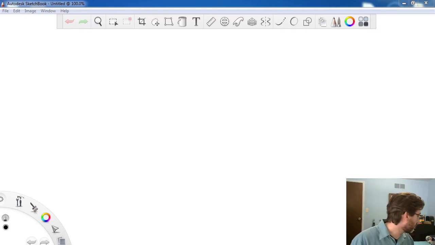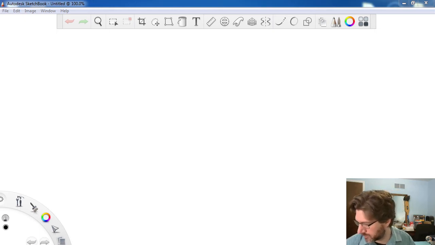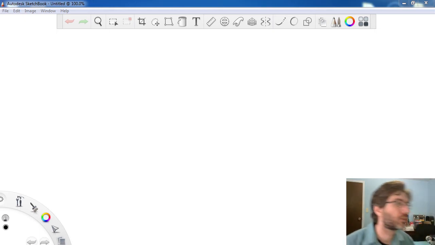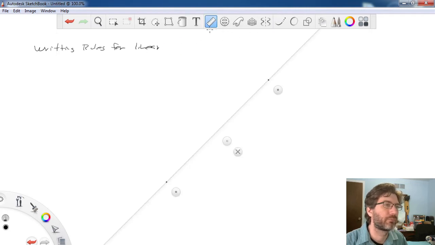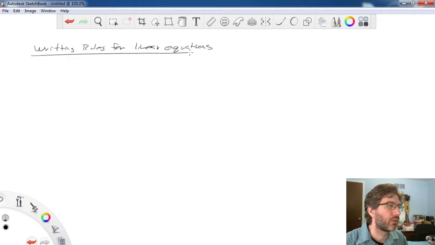Writing rules for linear equations. So what you're going to see is writing rules for linear equations. In this case, we want to write the function.